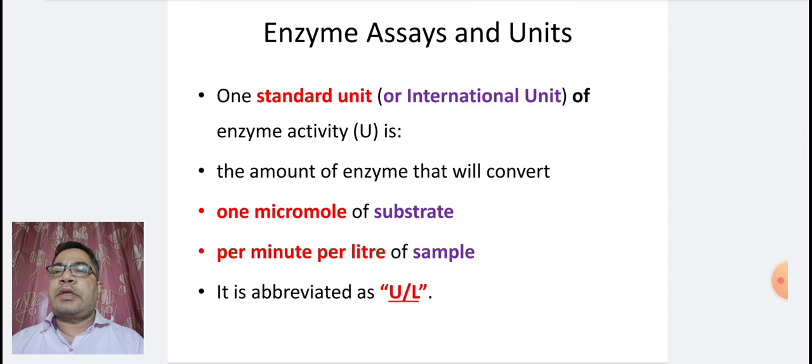One standard unit or one international unit of enzymatic activity, that is U, is the amount of enzyme that will convert one micromole of substrate per minute per liter of sample. It is abbreviated as units per liter.